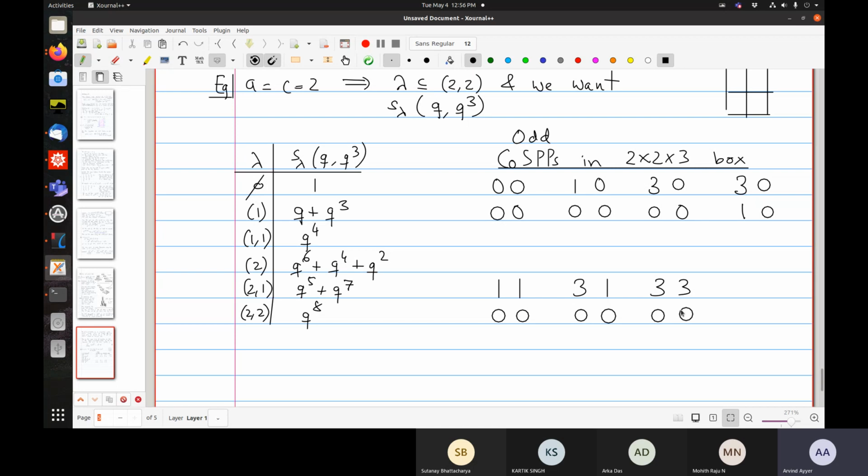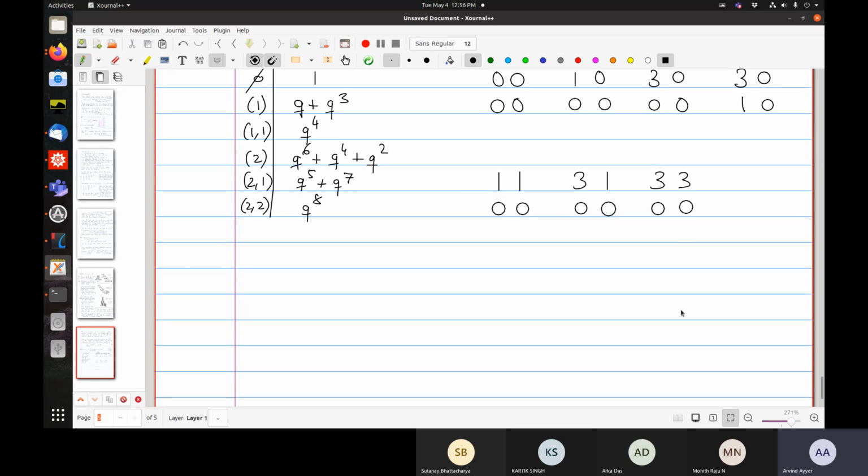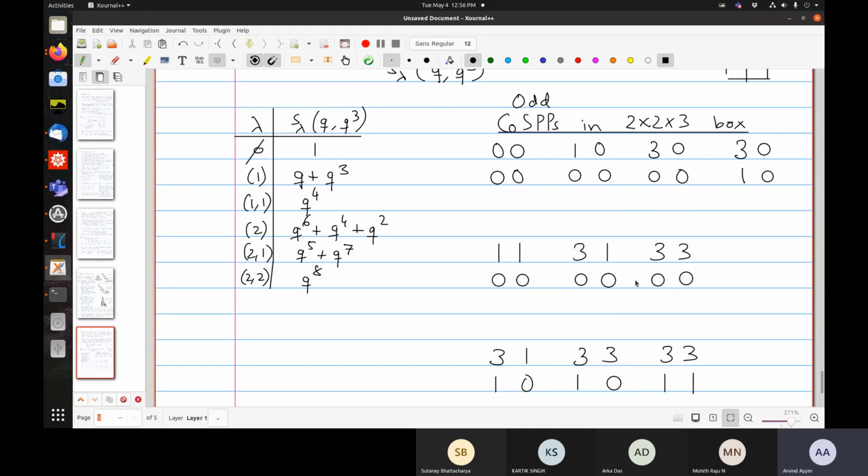And then I'll take 3, 1, 1, 0, 3, 3, 1, 0, and finally 3, 3, 1, 1. For all non-zero, this is the one. Okay, so let's see the weights. So this is Q to the 0, which is 1.